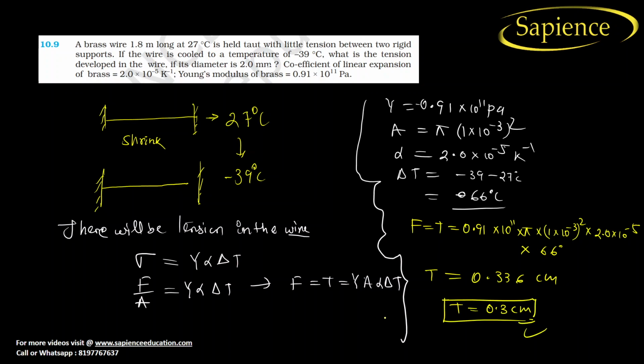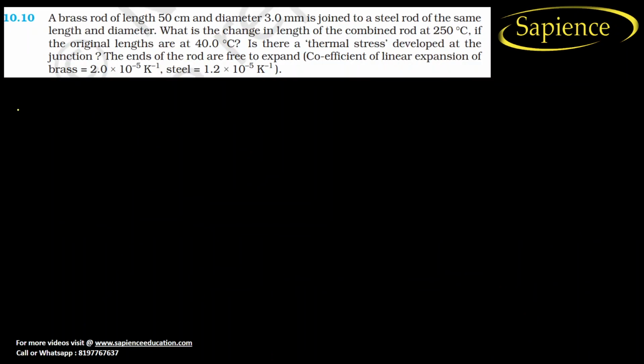I hope you have understood this. Okay, now let us discuss the next question, 10.10. The question they are asking is: a brass rod of length 50 centimeter and diameter 3 mm is joined to a steel rod of the same length and diameter.